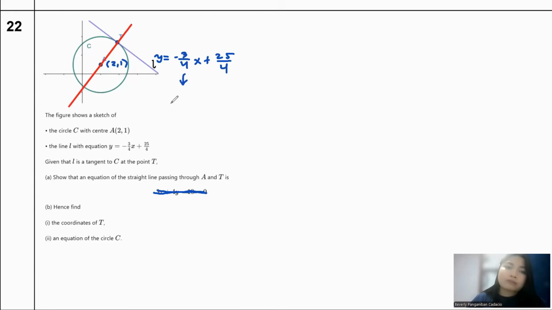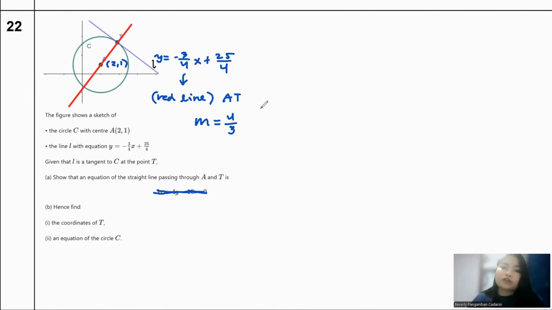Let me make it a red line, the line AT, so it's not confusing. The red line AT is perpendicular to L, the blue diagonal line, and you know that it's a negative reciprocal. If it's negative 3/4 here, the gradient of the red line will be positive 4 over 3.